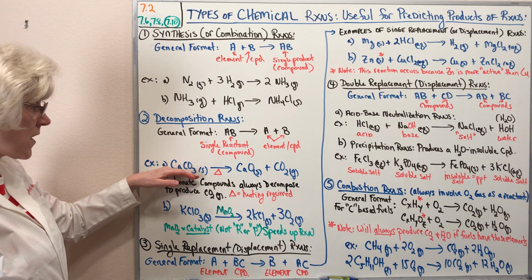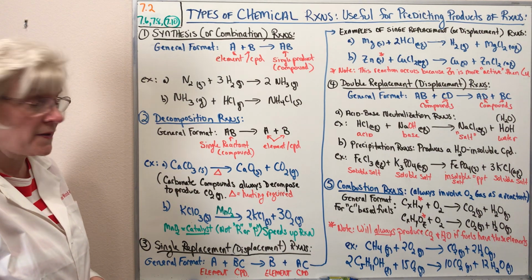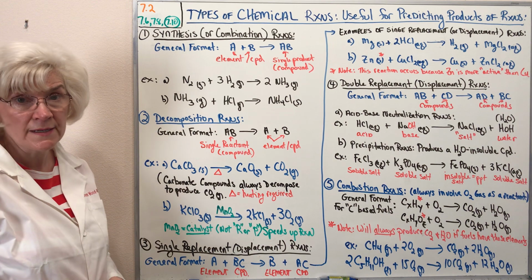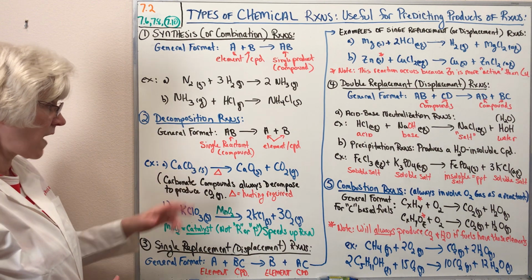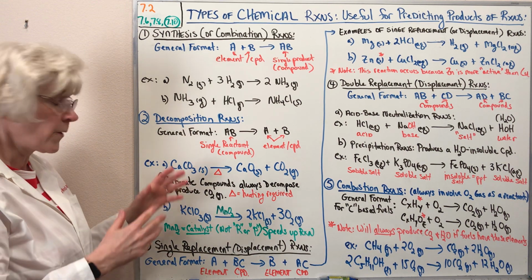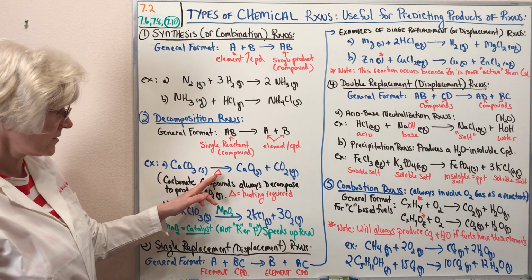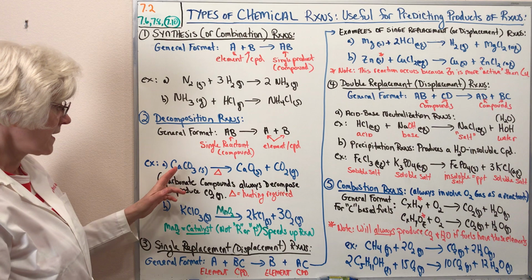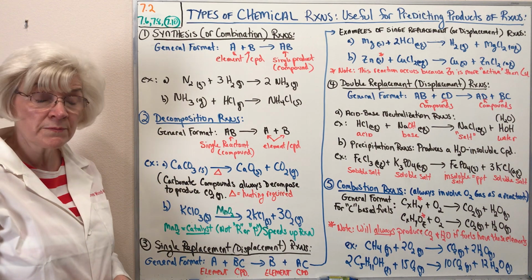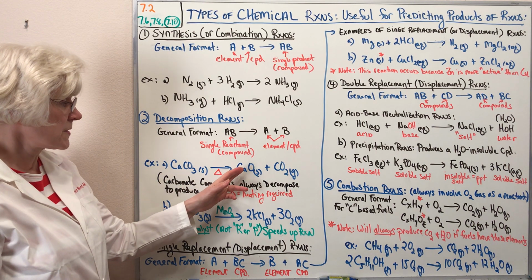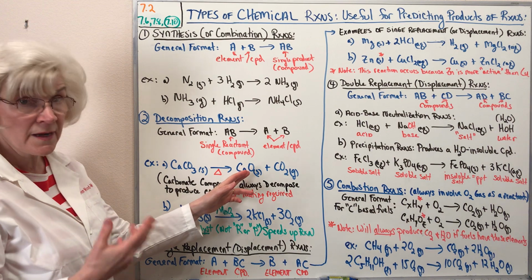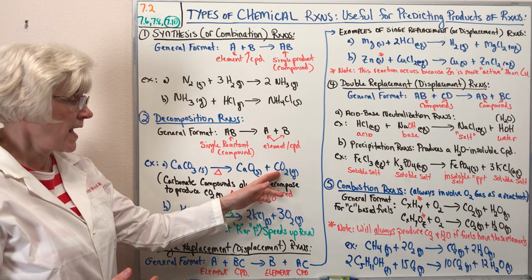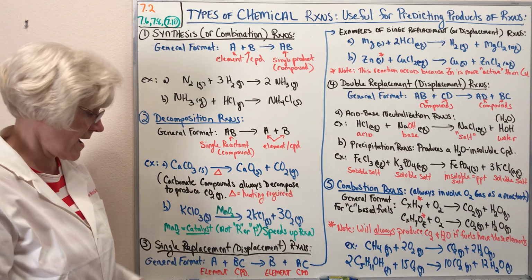The first involves a carbonate compound, calcium carbonate, an ionic compound, solid at room temperature. When you heat it, and that's what this little triangle means, this process involves heating. Calcium carbonate will decompose to produce calcium oxide, another ionic compound, and carbon dioxide gas.